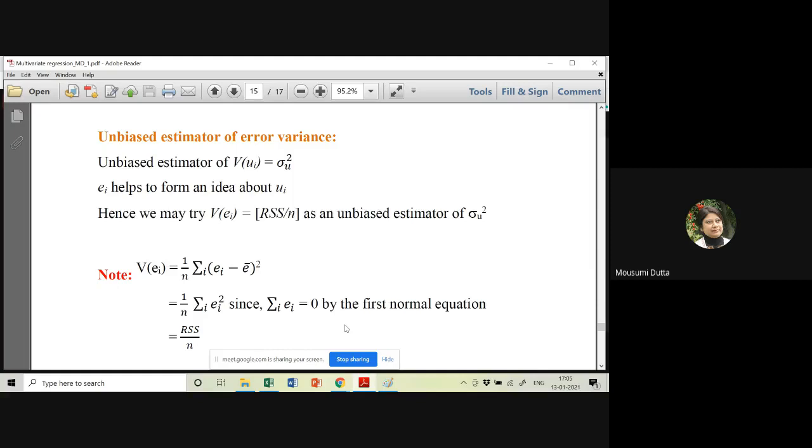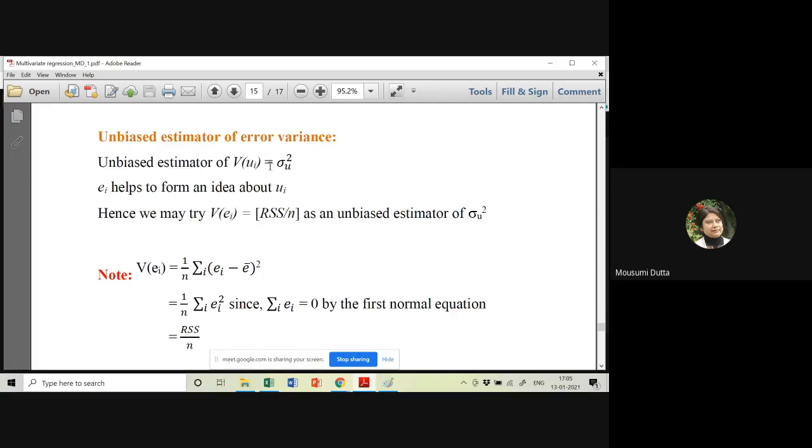So summation ei by n, or e bar, is also equal to 0. So the variance of ei is equal to 1 upon n summation ei square, which is equivalent to RSS by n. So we may try the variance of ei, which is RSS by n, as an unbiased estimator of sigma u square or not.